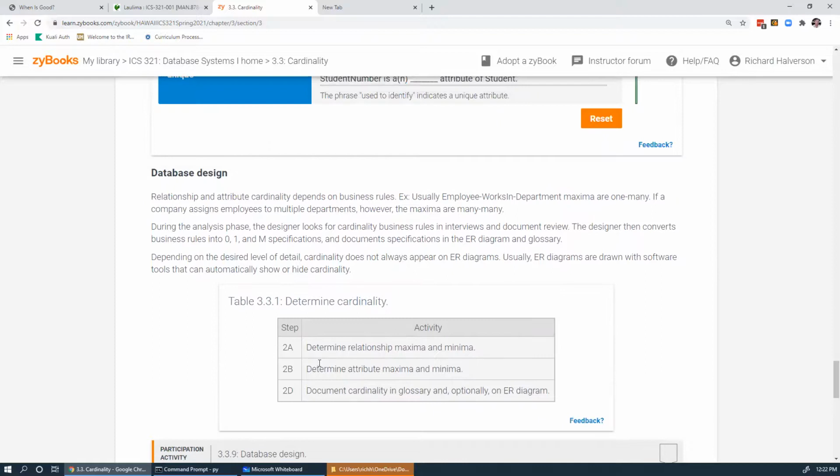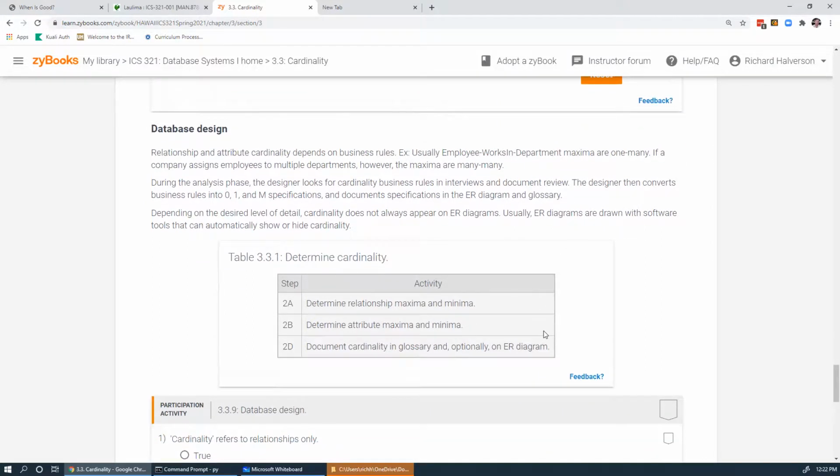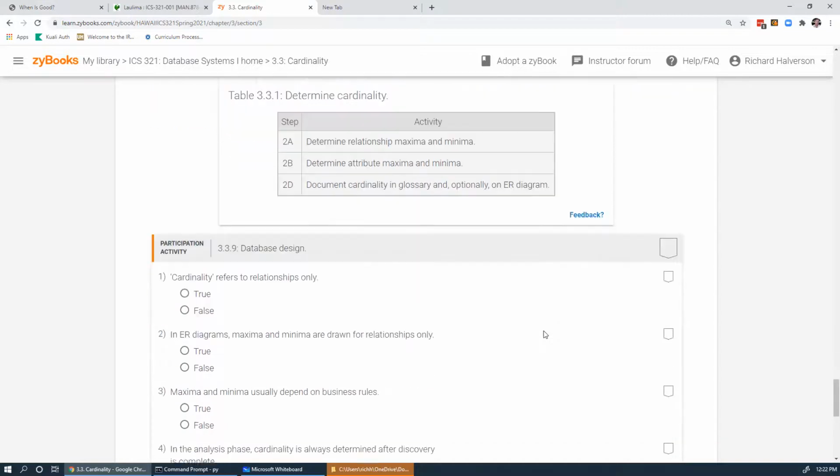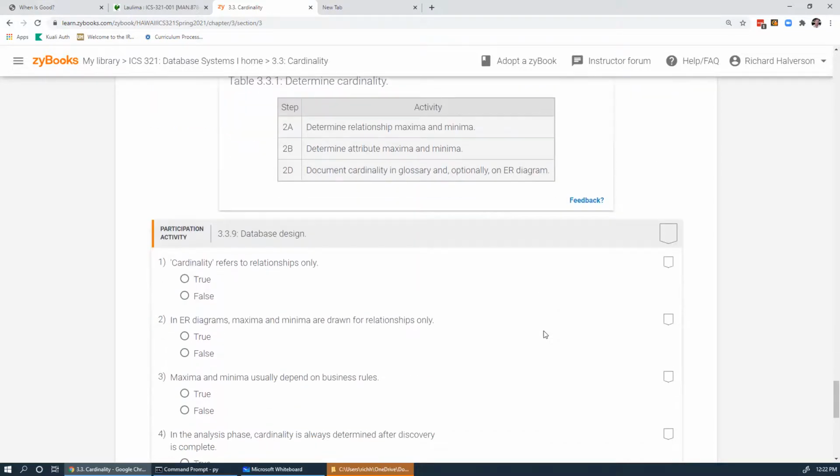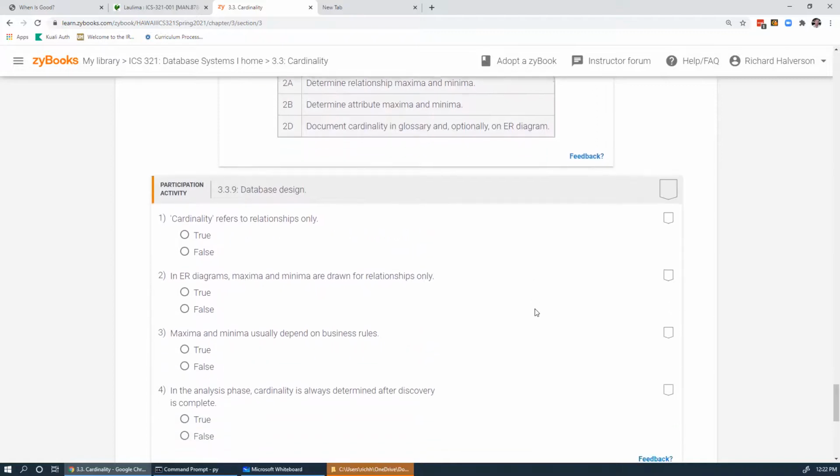Database design. Determine the relationship maxima and minima. Determine the attribute maxima and minima. Determine the cardinality. Okay, so I can see this is one way of doing it. You determine all these things, and then the actual design of the database becomes much easier because all the stuff's defined already.